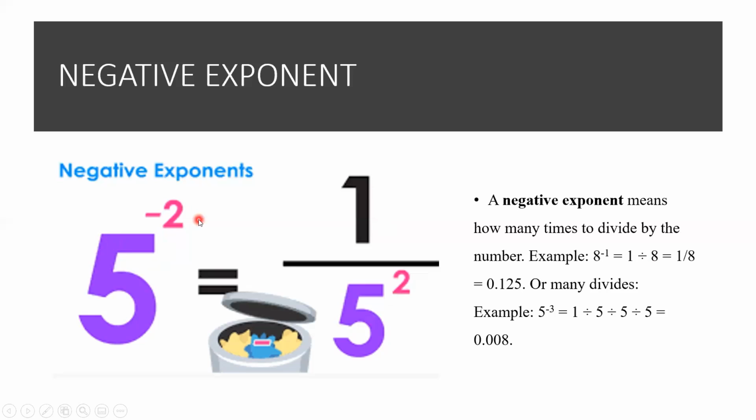So when you see the negative power, all you need to do is say 1 over, write the same thing, but with the positive power. So 5 to the power of negative 2, I'm going to write as 1 over 5 to the power of positive 2.